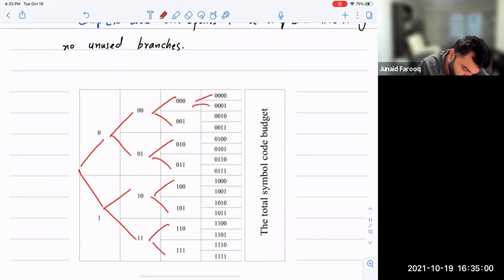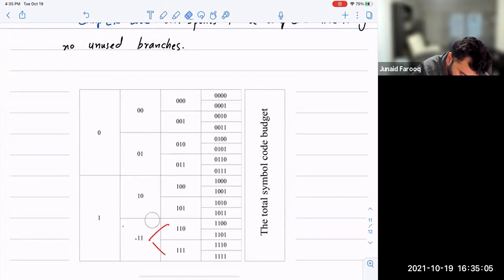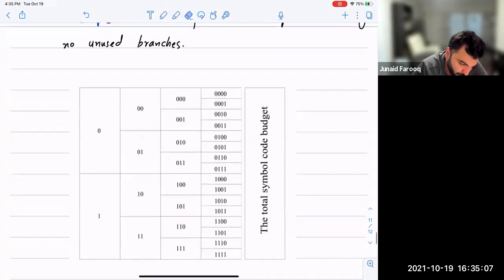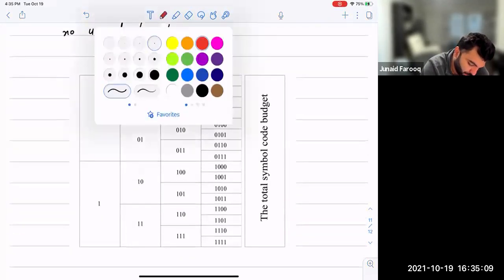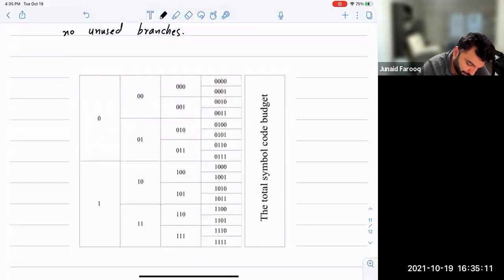We're not going to look at the tree here. Imagine that the total size of this block is 1.